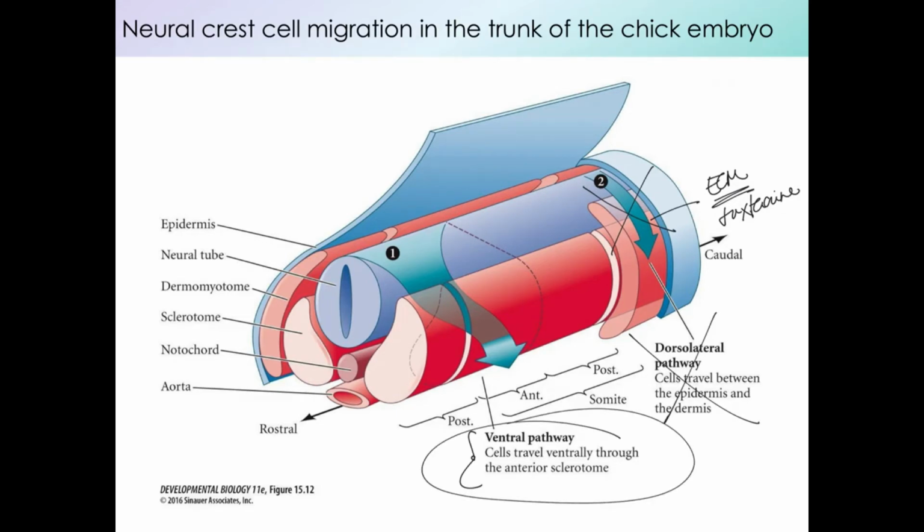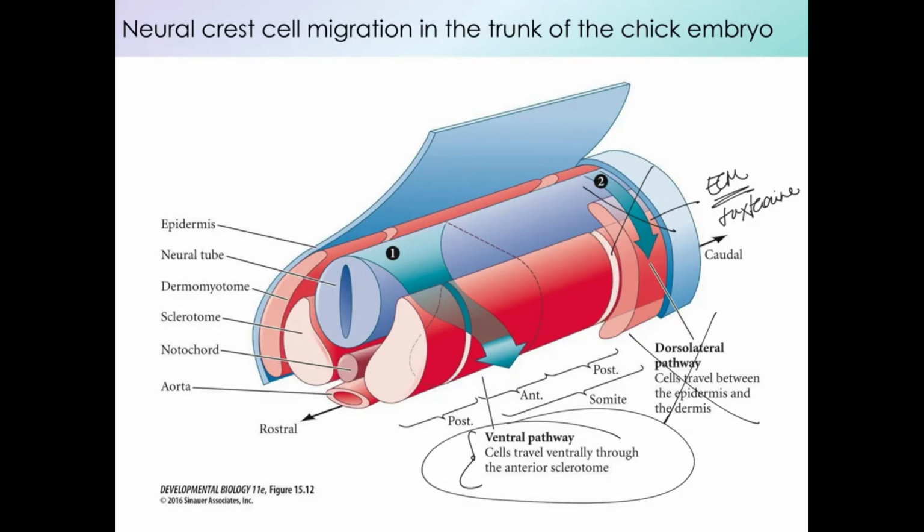In addition to that, the cells initially are able to pass through this region that's located between the somites, this space that you see here. But eventually that space also becomes populated with extracellular matrix molecules and factors that prevent the cells from entering that space.